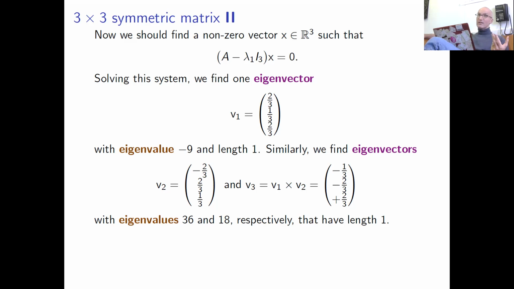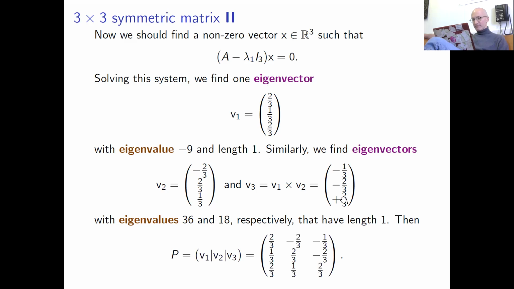So it must be the eigenvector with eigenvalue lambda 3. Since the vectors V1 and V2 have length 1, this cross product automatically has length 1. Again, this is just a shortcut, which saves you maybe a few minutes of computations. You can of course proceed as when we found vectors V1 and V2.